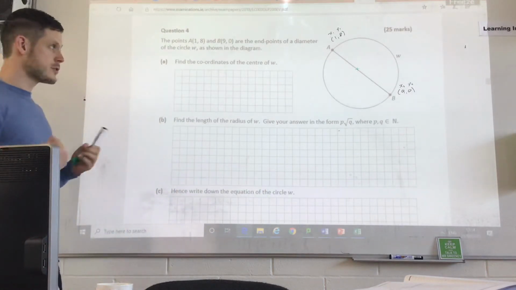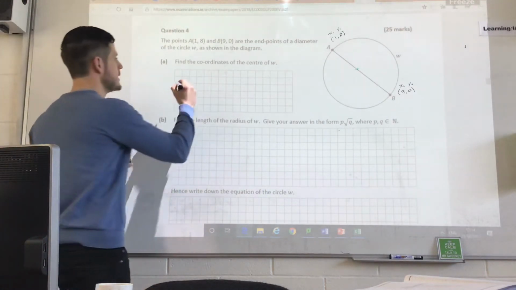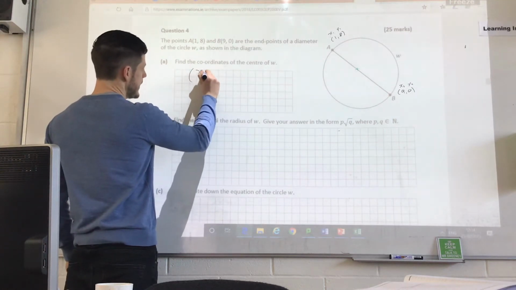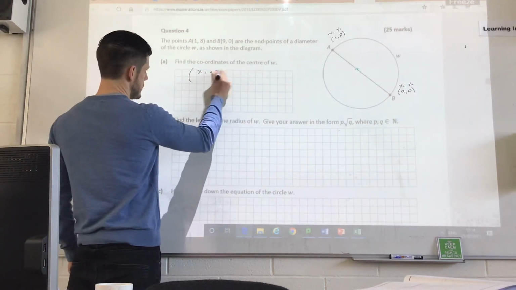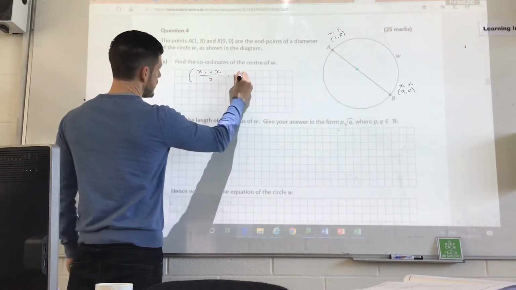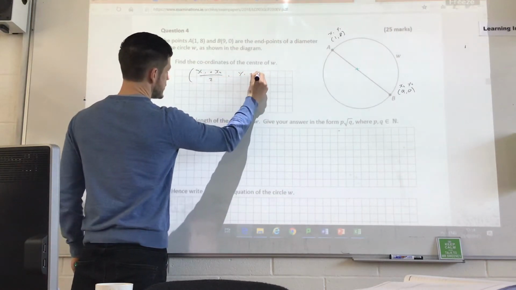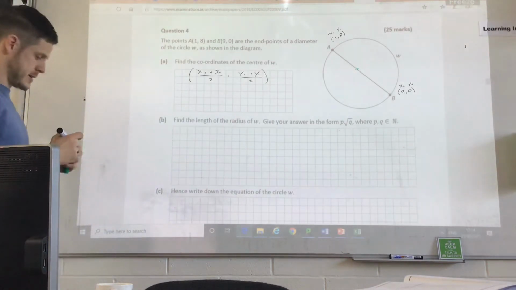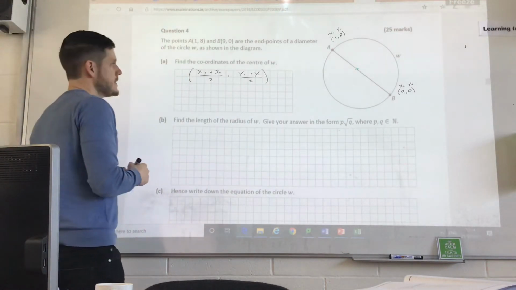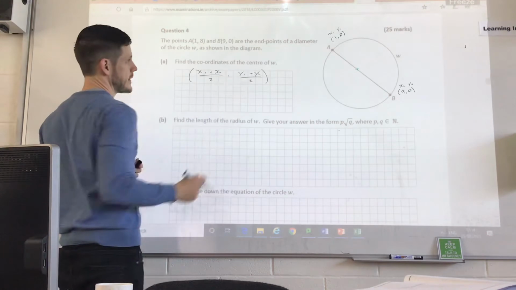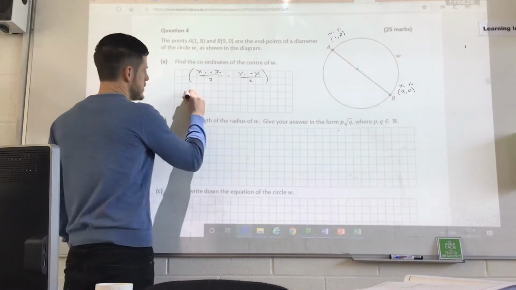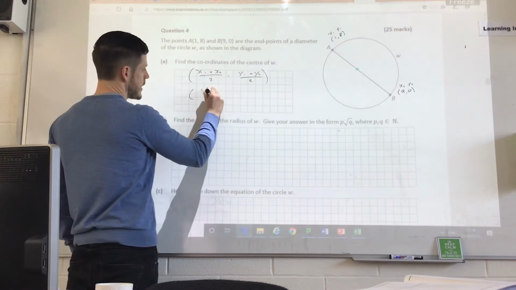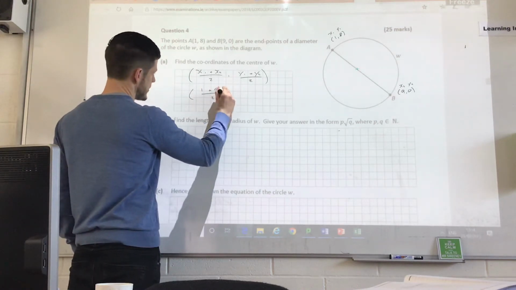But in order to work it out properly, I'm going to use the formula for the midpoint, which is given to you in the exam in the log tables. That says x1 plus x2 all over 2, and y1 plus y2 all over 2. We add together my x's and half them, and add together my y's and half them. So x1 is 1, x2 is 9, so 1 plus 9 all over 2.